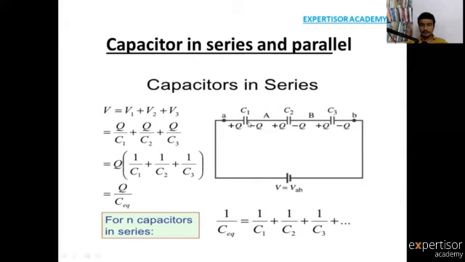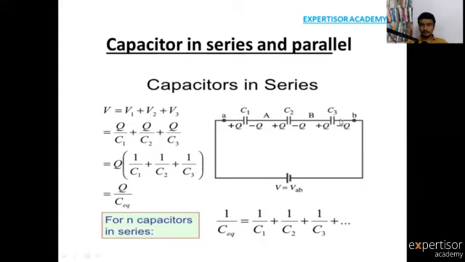Next thing, the voltage in three capacitors is different. That is V1 for first capacitor, V2 for second capacitor, V3 for third capacitor.